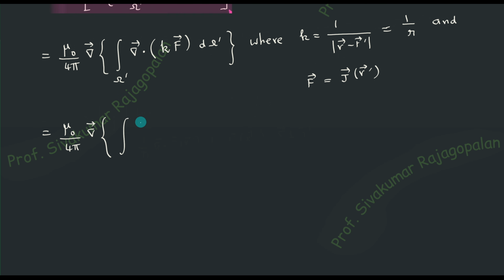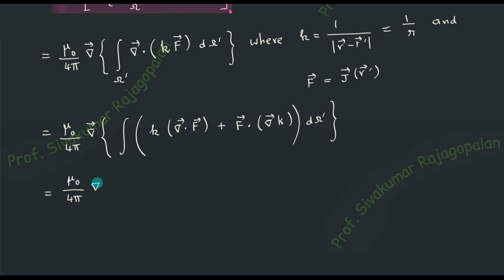The first one is a scalar times the divergence of the vector, plus the vector dot the gradient of the scalar, and you complete with whatever d omega is there, and then close the bracket. It is a simple product rule that we are going to use. Once this is over, let us substitute whatever was k and whatever was capital F.